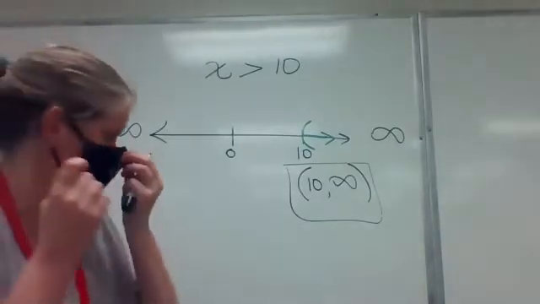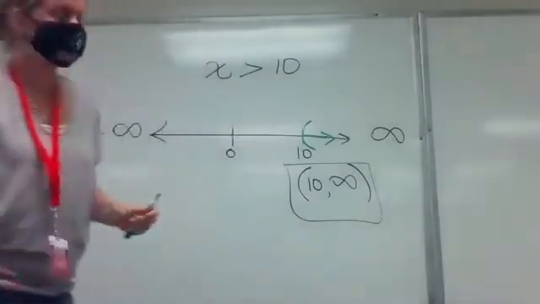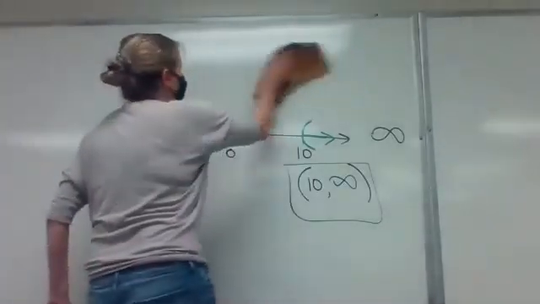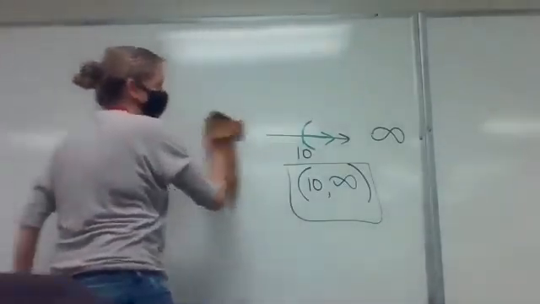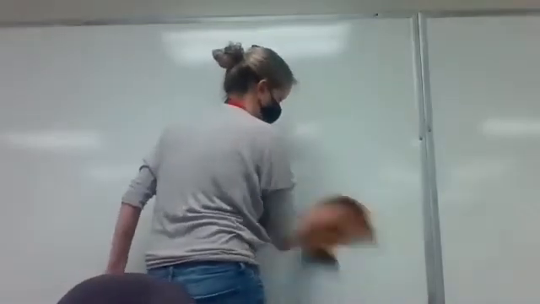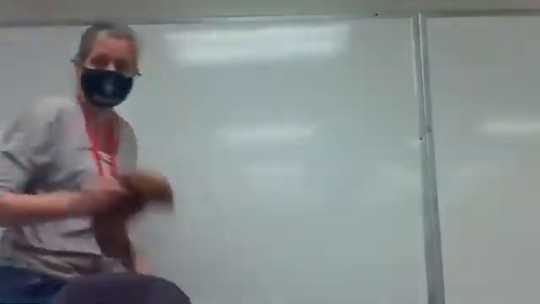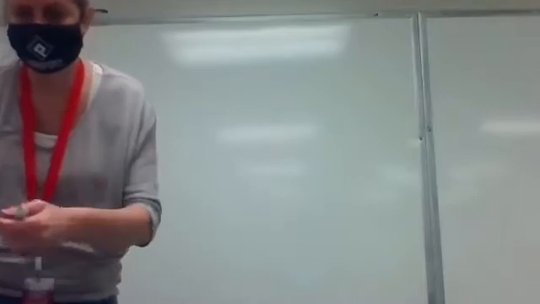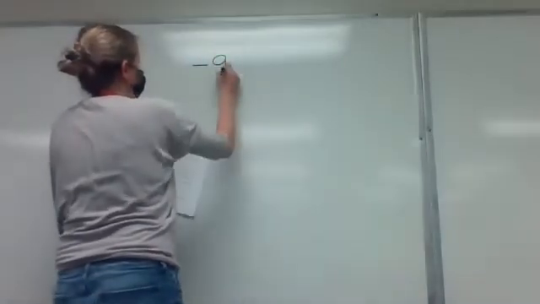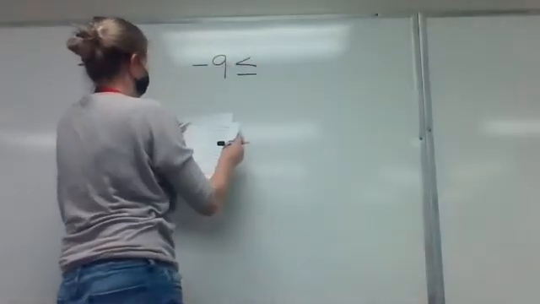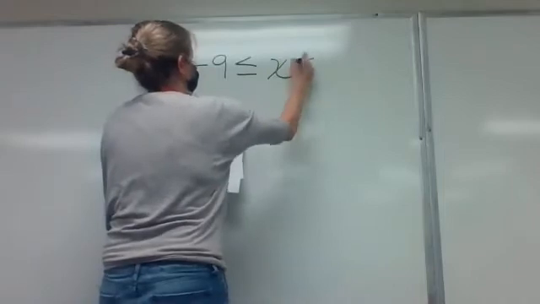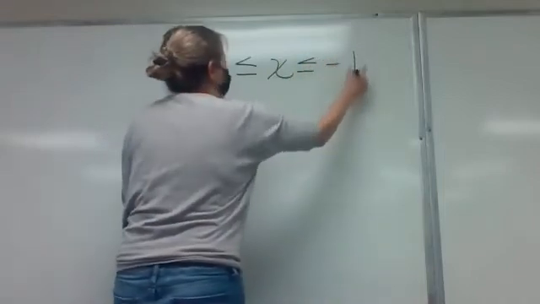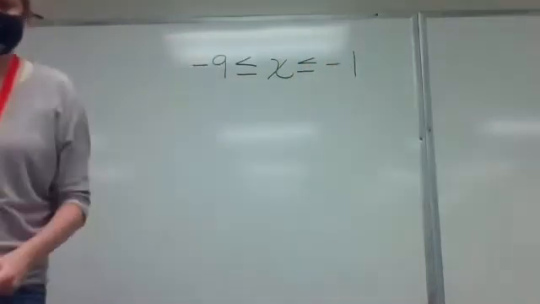Okay, number 5. This one looks a little different. It'll say -9 less than or equal to x, which is less than or equal to -1.